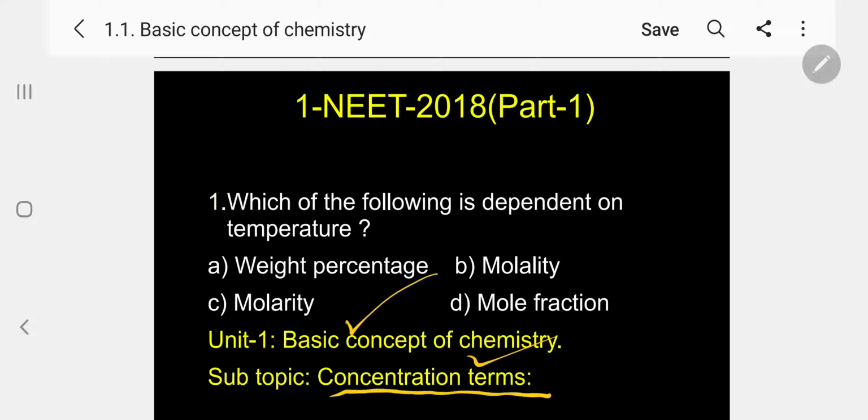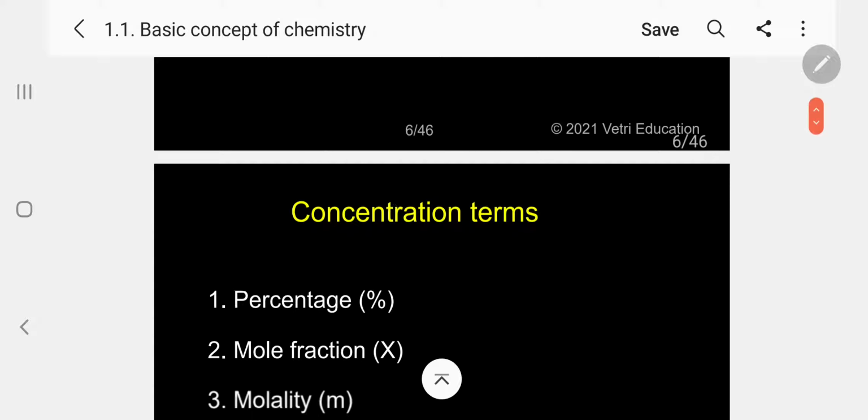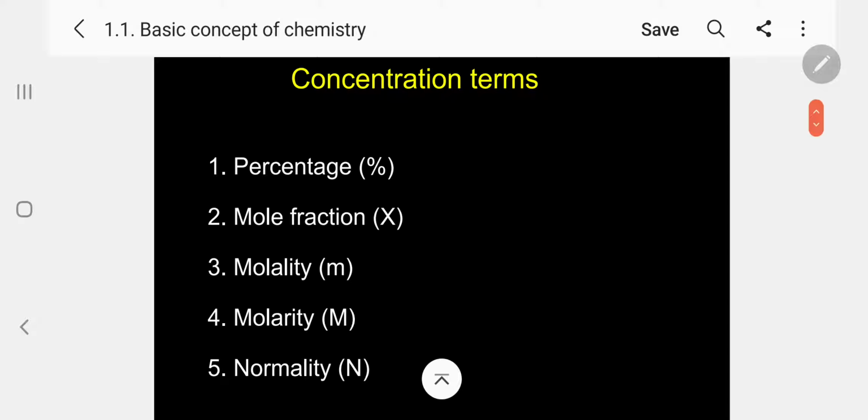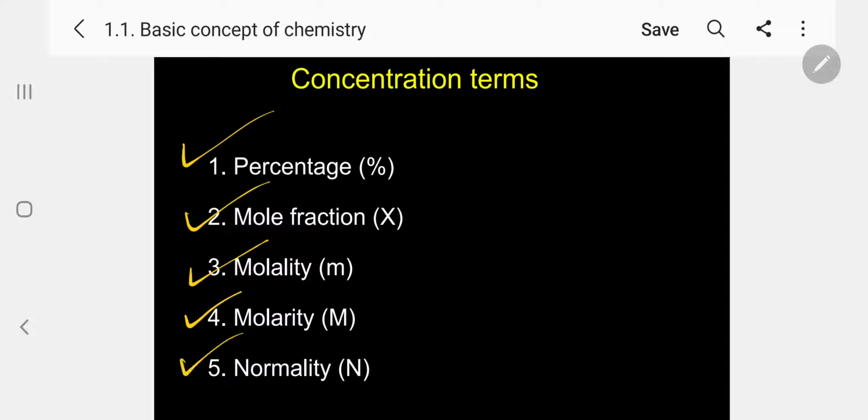If you know these concentration terms, specifically these 4, weight percentage, molality, molarity, mole fraction, and also normality, you can easily answer the questions. So let me give an idea about this. What are the concentration terms? 1 is percentage, 2 mole fraction, 3 molality, 4 molarity, and 5 normality. These are the important concentration terms.